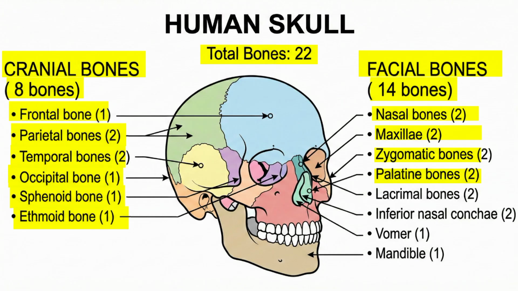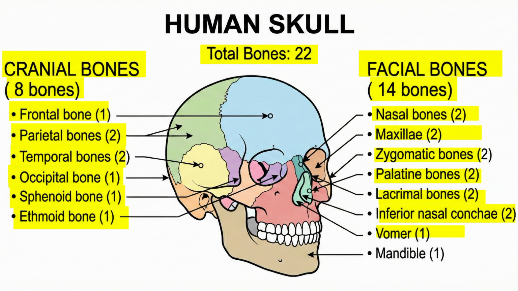Palatine bones, 2. These bones form the back part of the roof of the mouth. Lacrimal bones, 2. These bones are located on the inner side of the eye socket. Inferior nasal conchae, 2. These bones are present inside the nasal cavity. Vomer bone, 1.